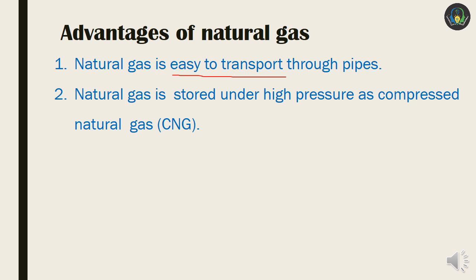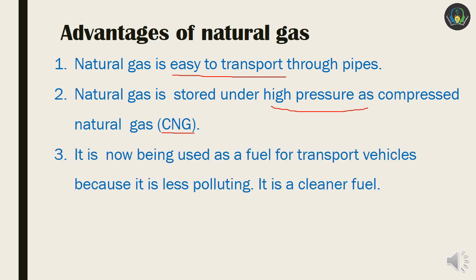Natural gas is stored under high pressure and hence it is known as compressed natural gas, in other words CNG. It is now being used as a fuel for transport vehicles because it is less polluting and hence it is a cleaner fuel.